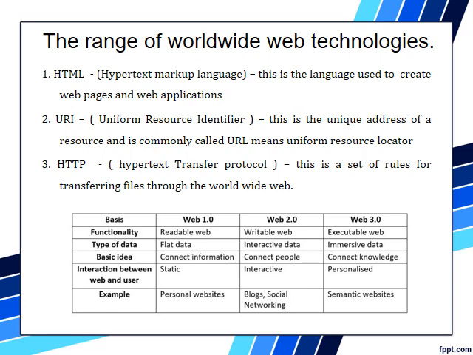The third one is HTTP, which means Hypertext Transfer Protocol. This is a set of rules for transferring files through the World Wide Web. You can see the web versions 1.0, 2.0 and 3.0 in the figure below.